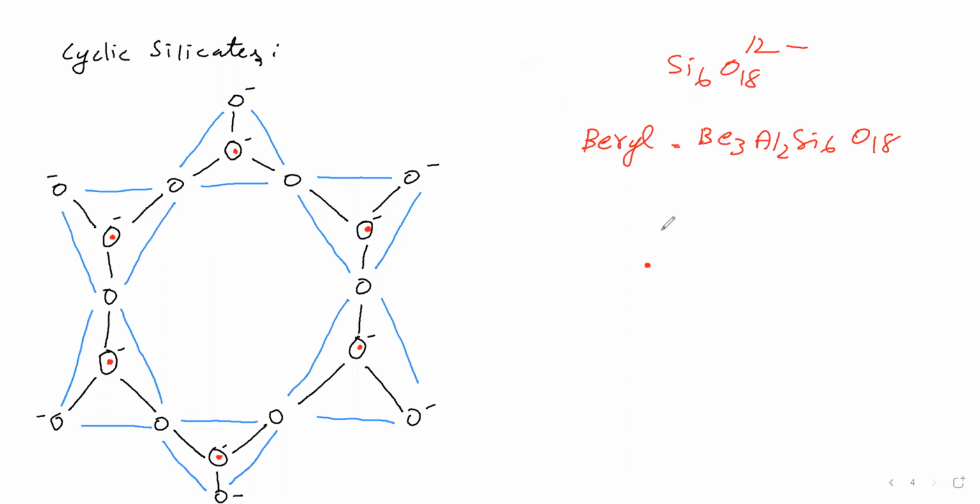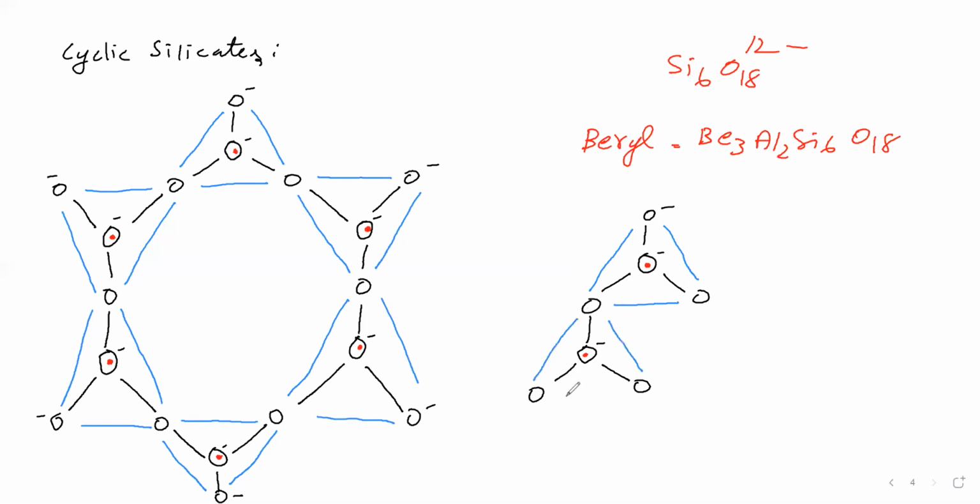Here one Si, here O minus, here O minus, both side O like this. This will represent one SiO4 unit. Next silicon, next O minus, O minus, this side O, this side O, this side O. This will represent one SiO4 unit.